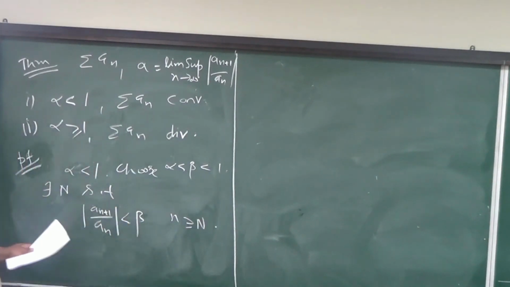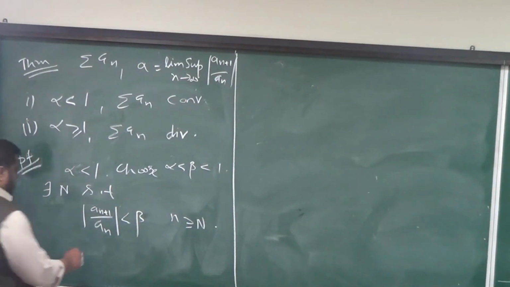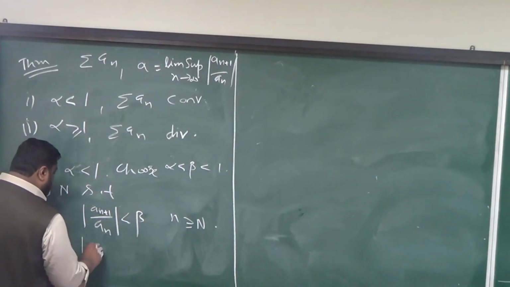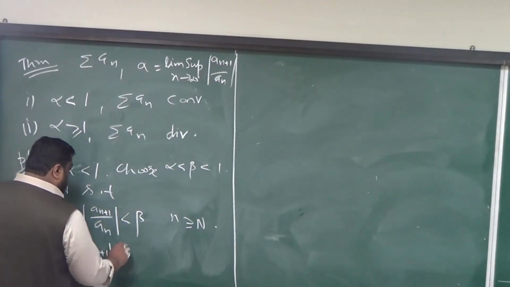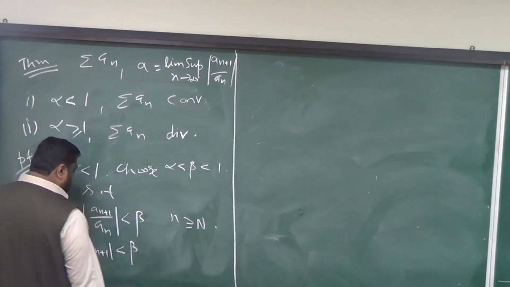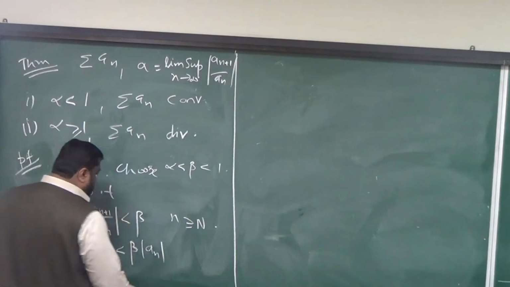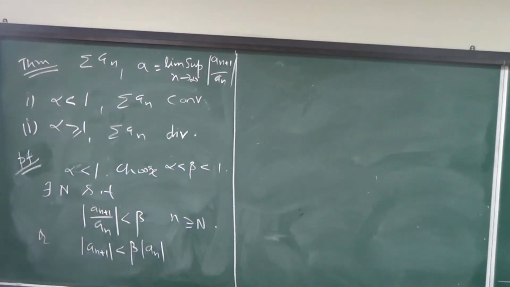Here is something that I would like to take now. I can say that this means that a_(n+1) is smaller than beta times a_n.